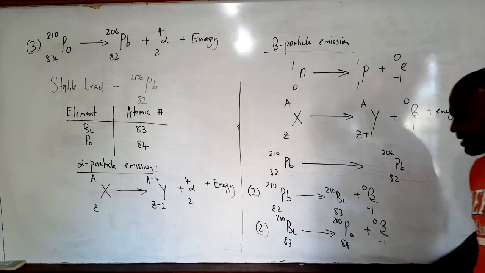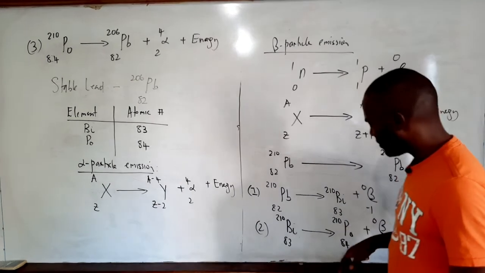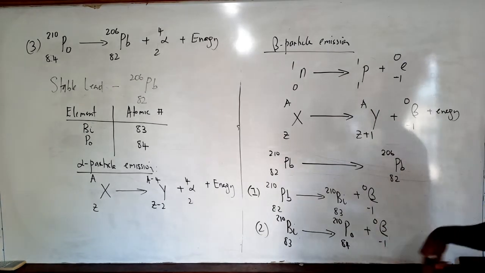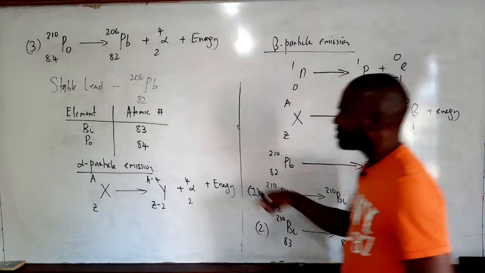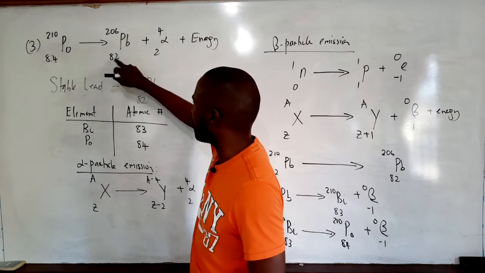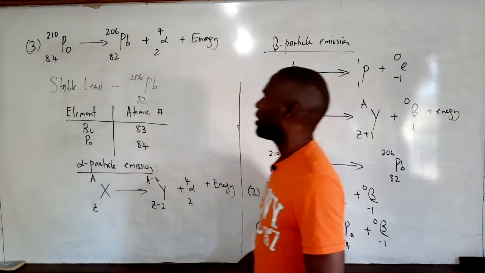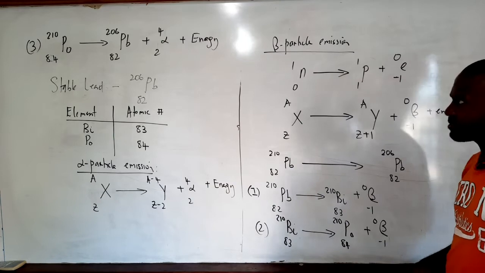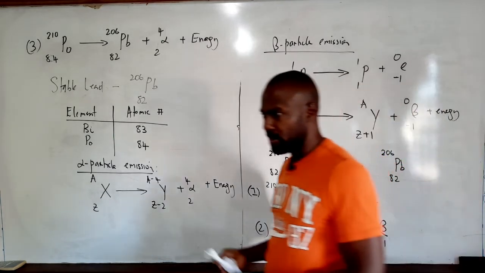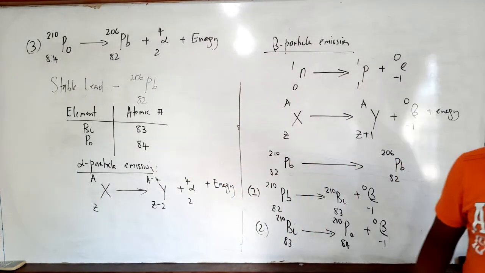That's the first 2 steps. The third step is that polonium will then need to undergo alpha particle emission to produce stable lead with a proton number of 82 and a mass number of 206. So moving on to part C of the question.